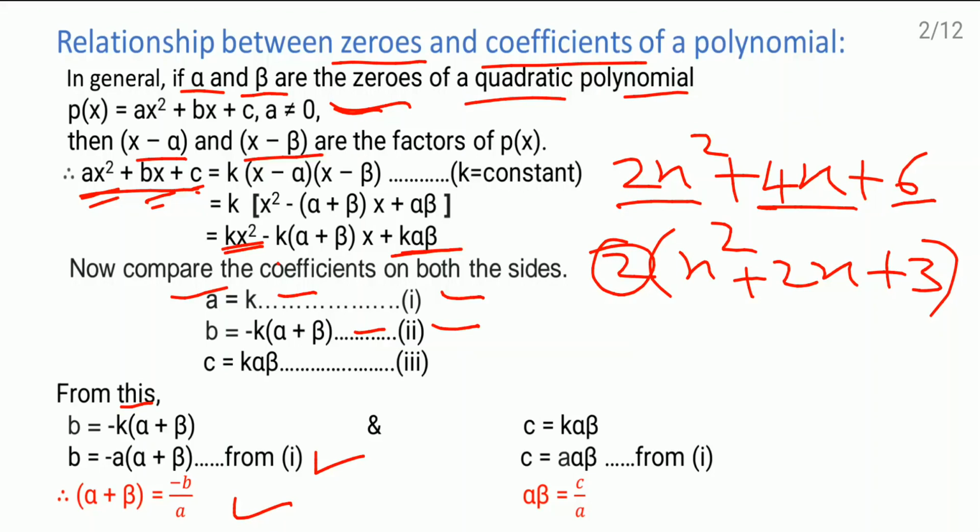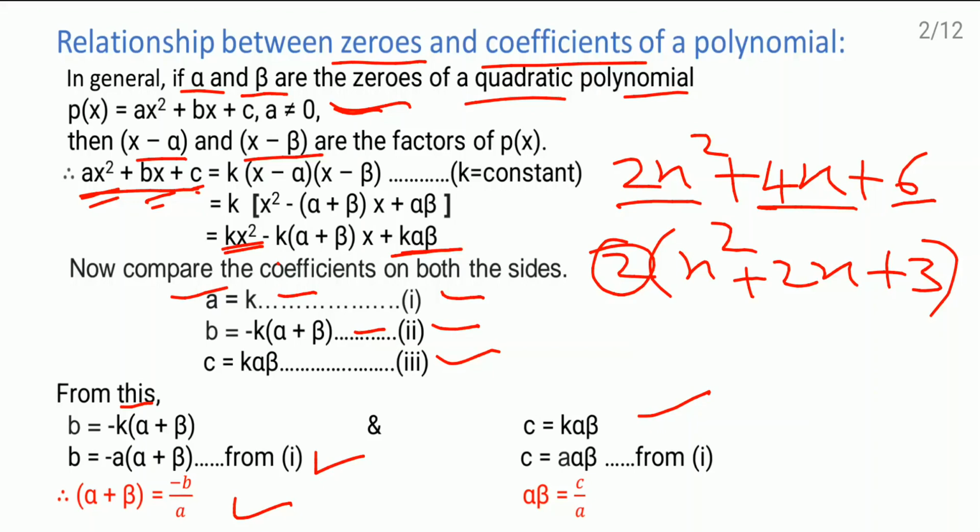Remember this format is very very important. Okay, so alpha plus beta are the zeros and this minus b and a are the coefficients. So on one side zeros are there, on the other side coefficients are there. So this is the relationship between zeros and the coefficients. Look at the other relationship here. c is equal to k alpha beta. From 3 we have written this one. But what is the value of k? It is a.